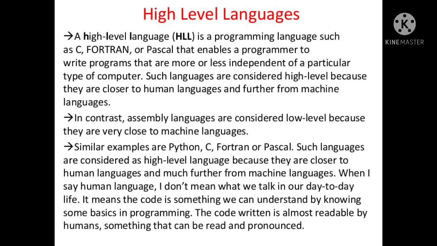Third type is high level language. The development of high level language was done when the programmers faced the issue in writing programs, as the older language has portability issues, which means the code written in one machine cannot be transferred to other machines, thus leading to the development of high level language.